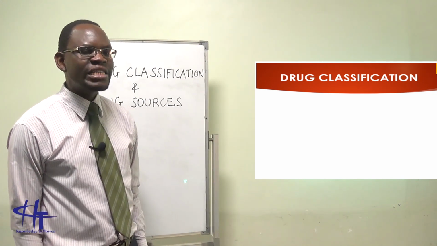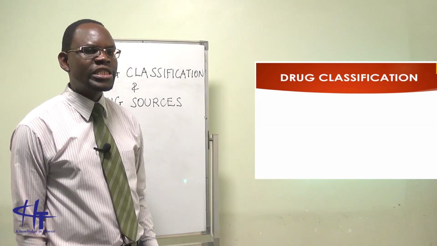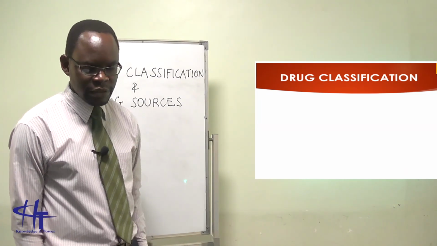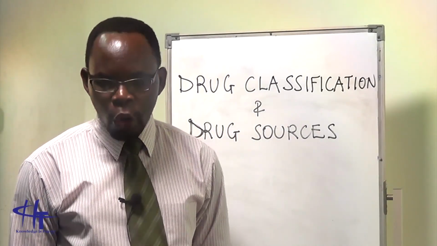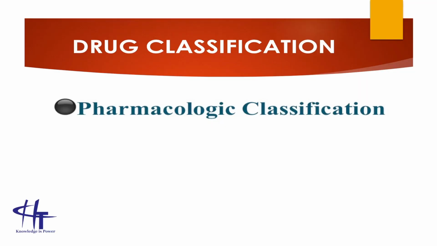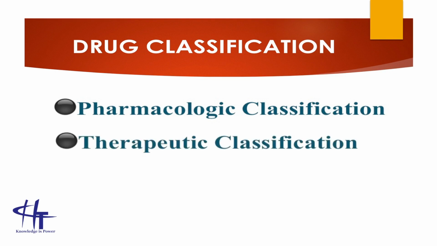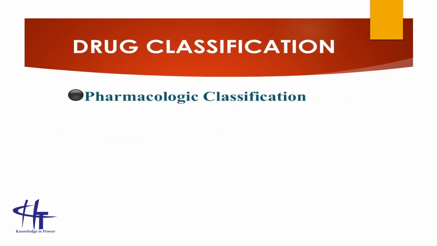Drugs are classified basically based on two things. We have what we call the pharmacologic classification and then what we refer to as the therapeutic classification. Now, what is the pharmacologic classification?